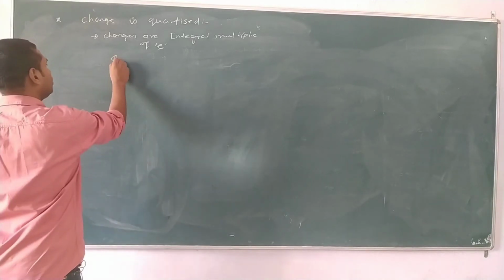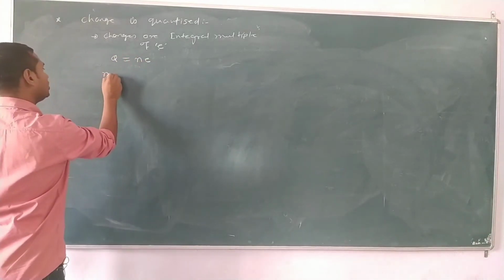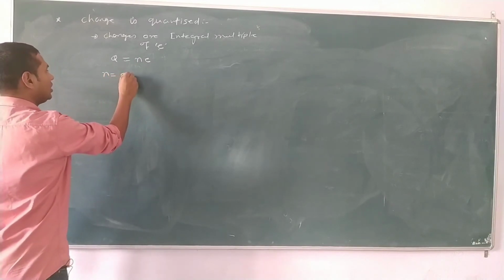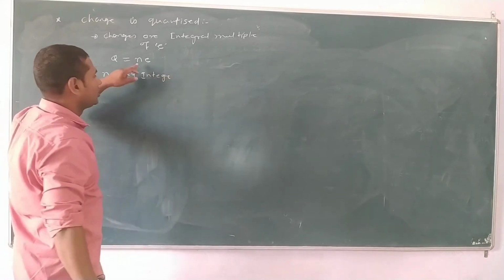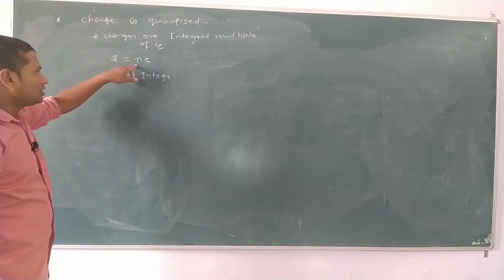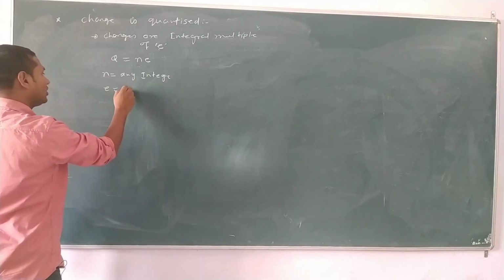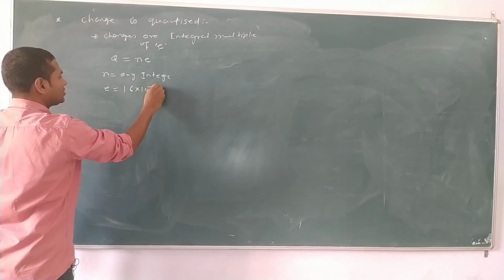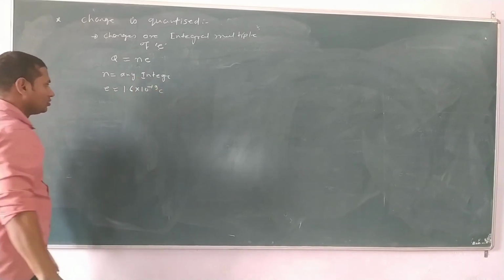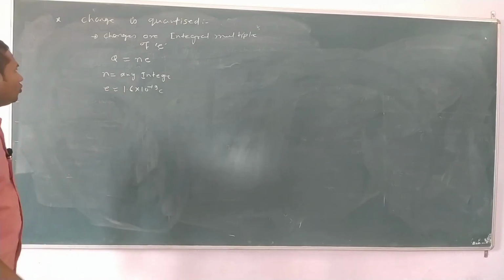You can write Q = ne, where n is equal to any integer. So we can say Q is an integral multiple of e, and e is the charge present on one electron, that is 1.6 × 10^-19 coulomb, the magnitude of charge present on one electron.